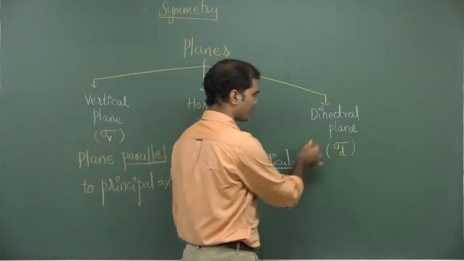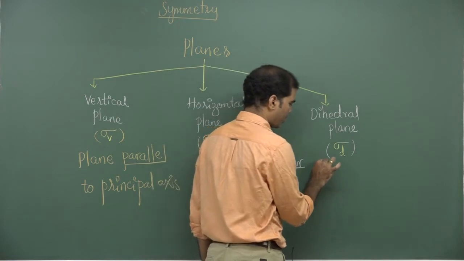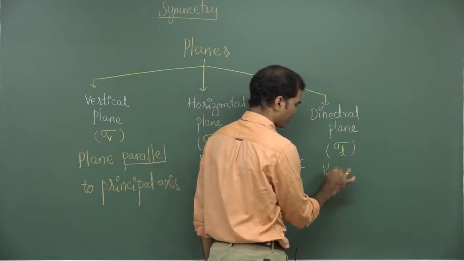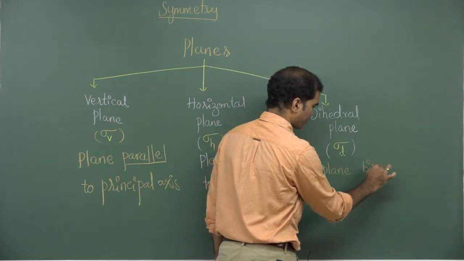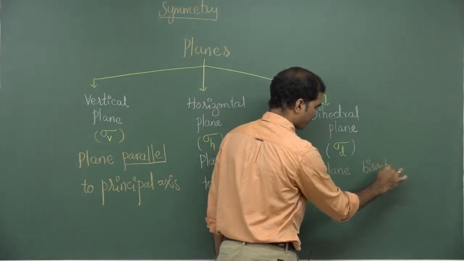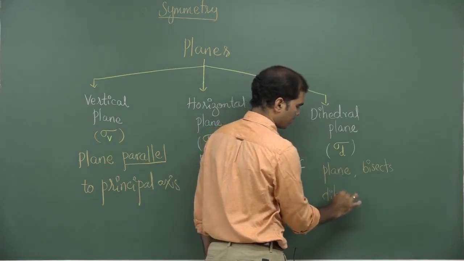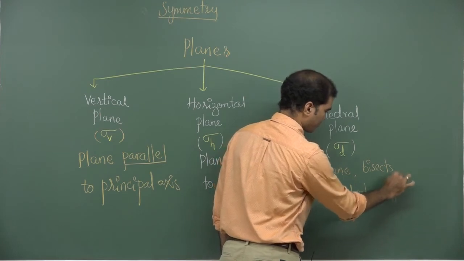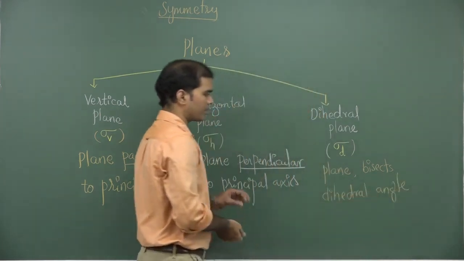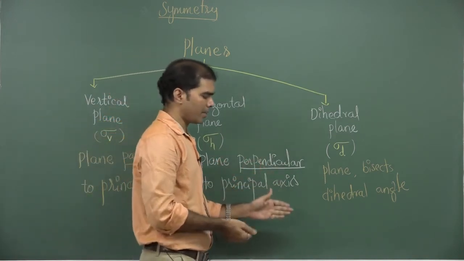If any question is asked what is a dihedral plane, the simplest answer is it is a plane that bisects the dihedral angle. Right? What is a dihedral plane? It is a plane that bisects the dihedral angle.